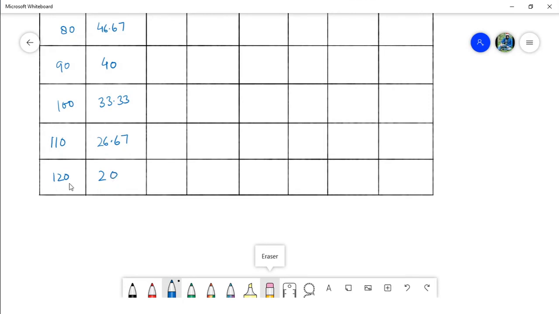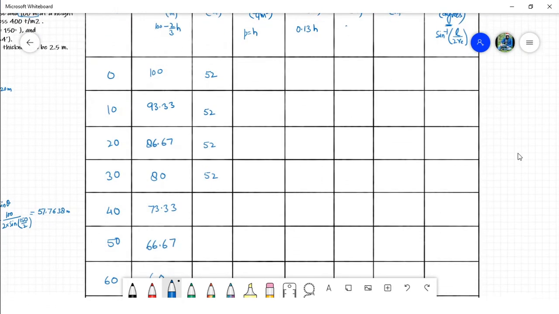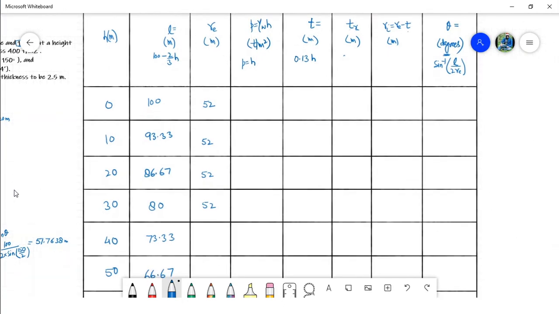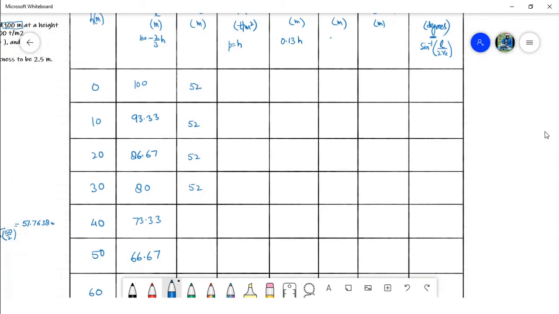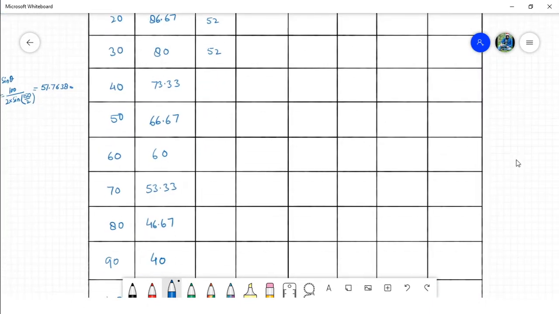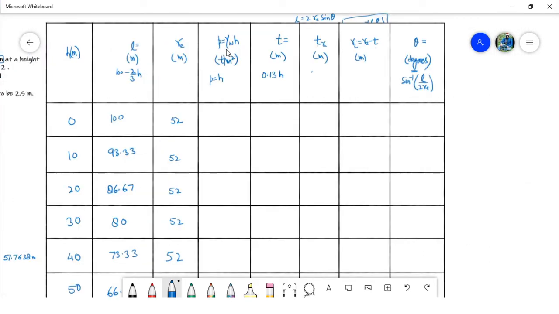At the base, which is 120 meter from the top, the span is 20. Similarly, the radius we have already calculated to be 52 meter, and this is a constant radius arch dam, so the radius will be 52 meter. Now since the pressure is equal to h, whatever the value of height here, this will be the value of pressure.